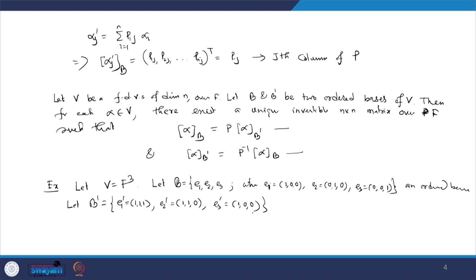One can immediately check that B prime is also a basis for the space F^3, because if you consider the linear combination C1 E1 prime plus C2 E2 prime plus C3 E3 prime equal to 0, for any C1, C2, C3, you will see that C1 equal to 0, C2 equal to 0 and C3 equal to 0 is the only solution. That can also be obtained trivially because the coefficient matrix will be an invertible matrix, which we can check.